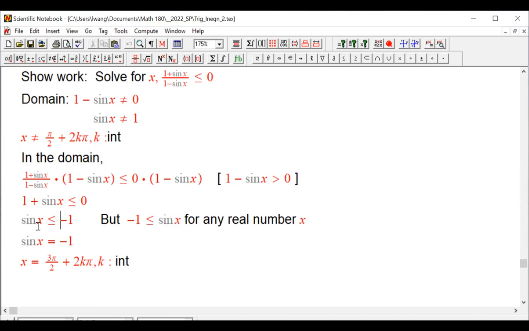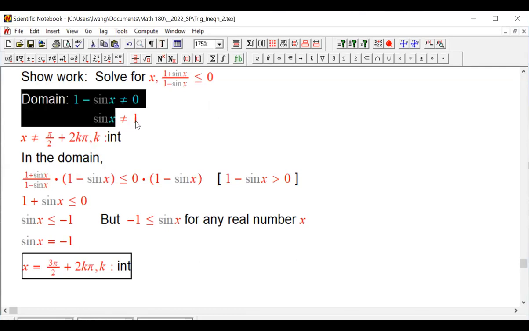Therefore, both situations combined, we have sine x equals -1. As a result, x equals 3 pi over 2 plus 2k pi. So that would be the solution.